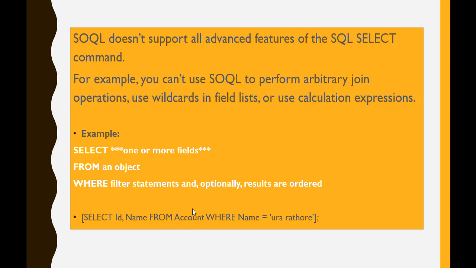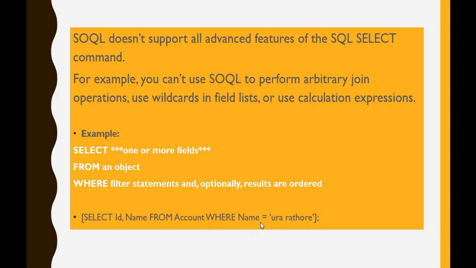We have to specify the name of the object that we want to search. So if you're searching for an account record, this is what the select statement looks like. We have the fields that you want to retrieve, then the object you want to search the data in, and a where clause, meaning a conditional expression. You're only looking for somebody with the name of Yura Rathor.